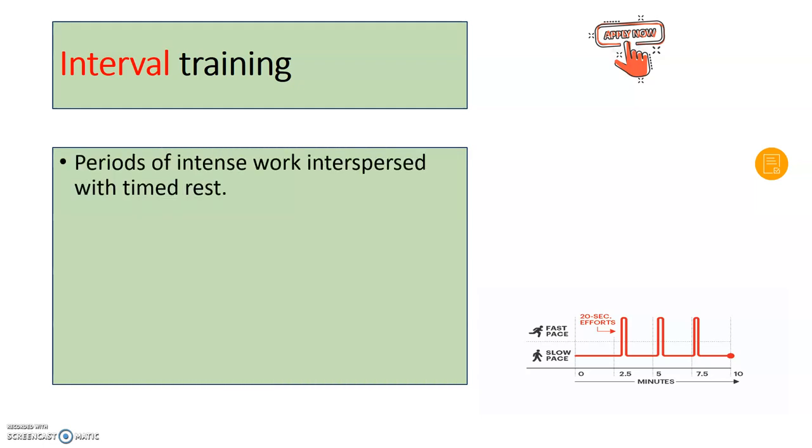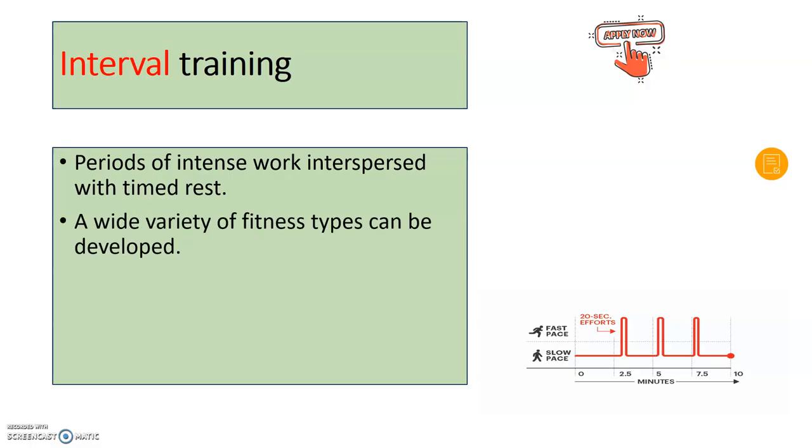Okay, moving on to interval training. So this is a type of training whereby we have elements of work, exercise, and we have interspersed set times of when we rest. So in essence, this is useful for a variety of different fitness types and different abilities in people. We're structuring our reps and sets.